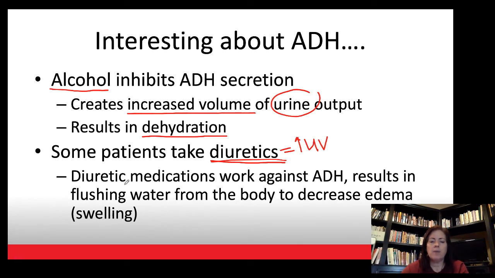So if your patients are taking diuretics, they are basically working against ADH. They will impede the effects of ADH, which will basically take water from the body. You're going to pee it out in your urine in order to decrease edema or excess fluid in your body.